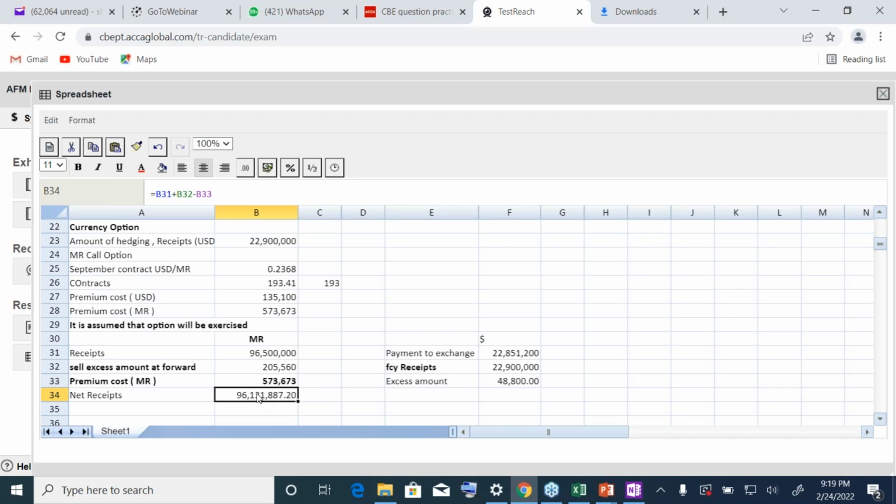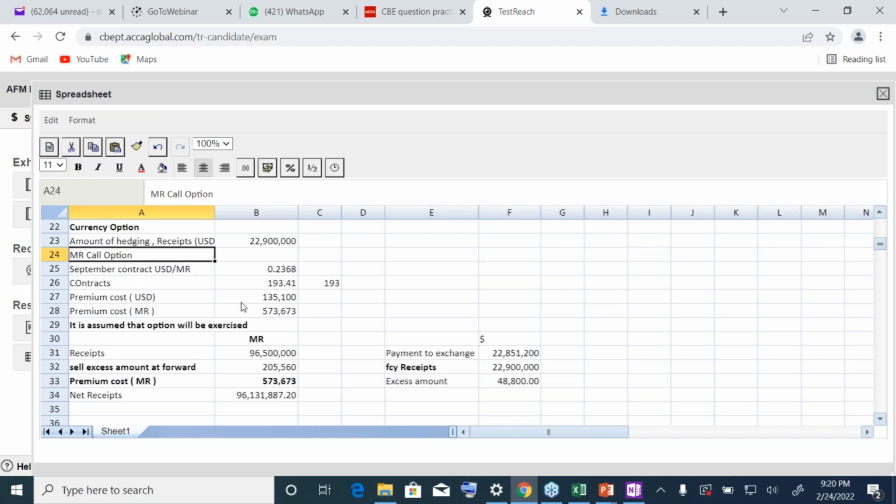It's a case of receipt, so why are we doing both payment and receipt in currency options? Options will be solved in this way. Whenever you write the statement that the option will be exercised, it's a matter of just 1 minute: think that if you are exercising the option, which currency you will receive.